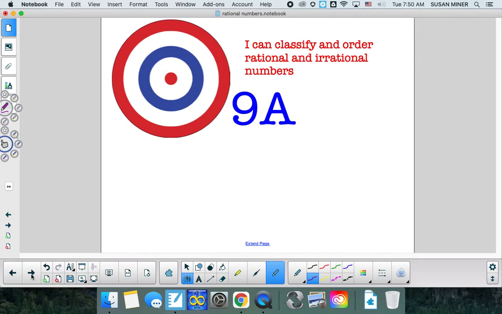Let's talk about what we're doing today. That's just a reminder, refresher from before in your earlier years of school, how to turn numbers into decimals. But today, what we want to be able to do is classify and order rational and irrational numbers. And rational and irrational numbers come from what's called the real number system.